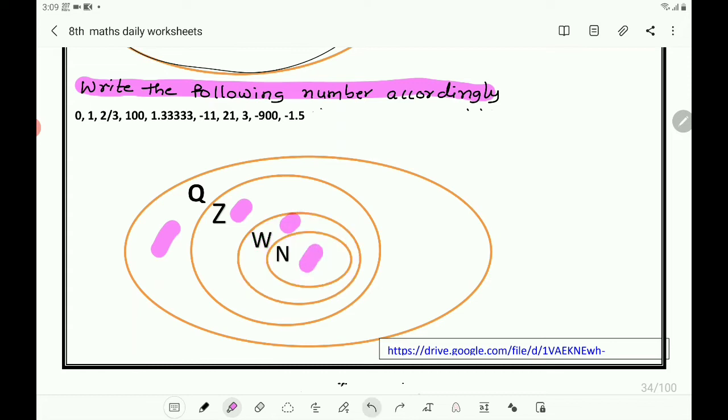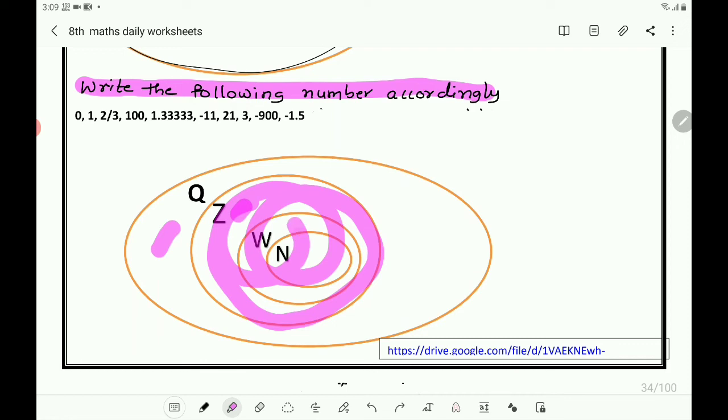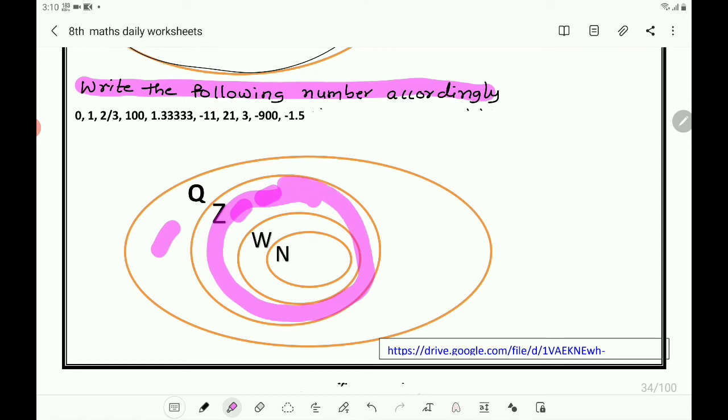Next, Z means it includes all these 3. Then the only special thing is that negative integers you must take in this area. In this area you must take only negative integers.